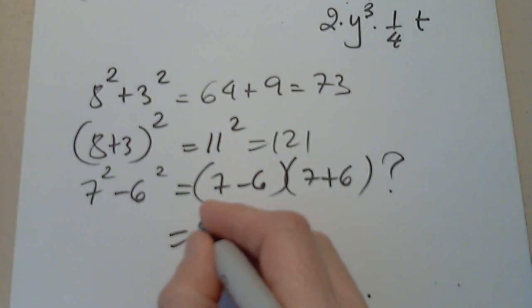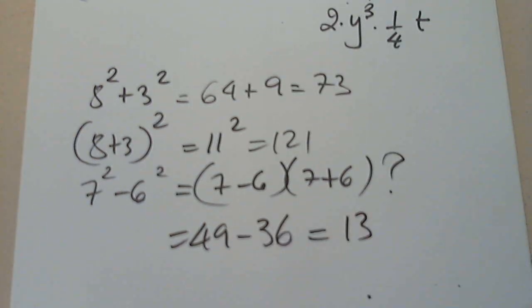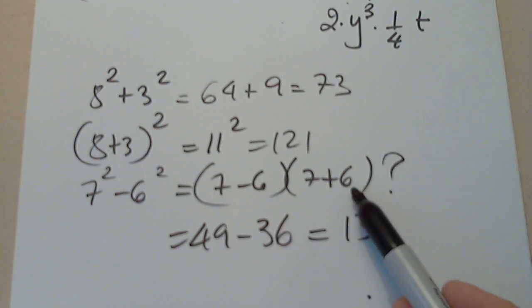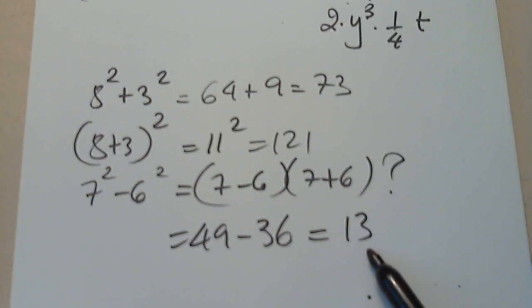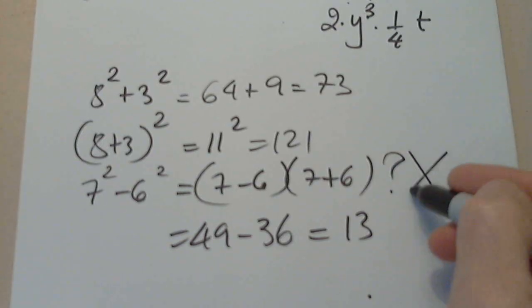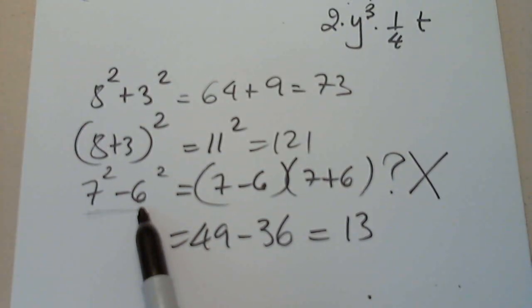Because 7 squared is 49, and 6 squared is 36, and when I subtract, I get 13. Will I get the same thing? Yes, of course. This is 1, and this is 13. 1 times 13 is still 13. But we don't use the special product on numerical situations. We use a special product on polynomials, not on numbers.